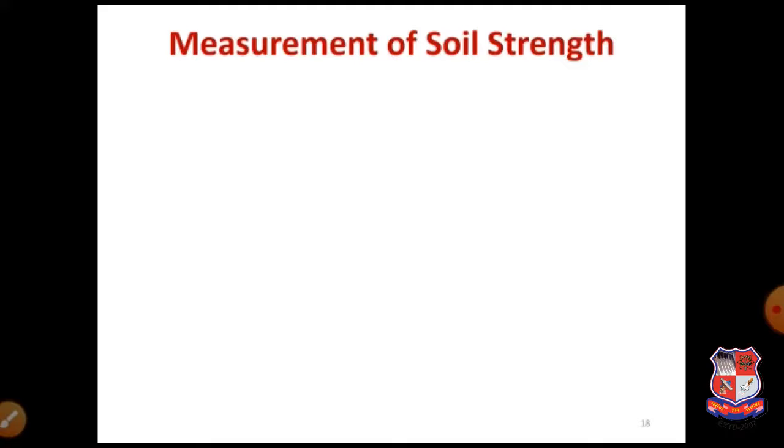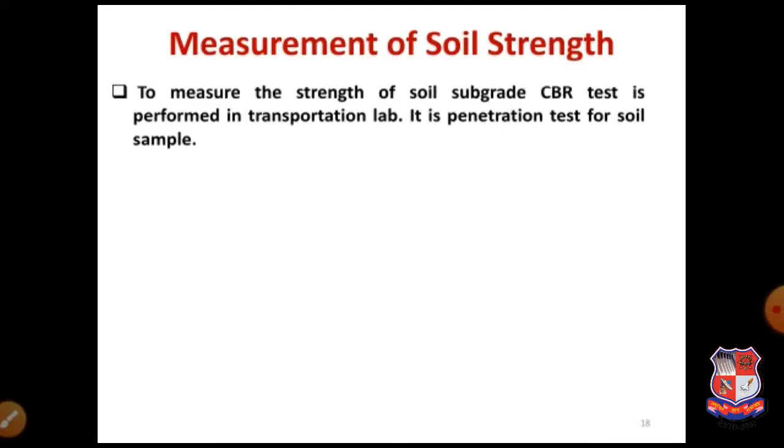Measurement of soil strength. To measure the strength of the soil subgrade, the California bearing ratio test, in short CBR test, is performed in the transportation lab. It is a penetration test for a soil sample. CBR percentage is taken at 2.5 mm or 5 mm penetration of the plunger.